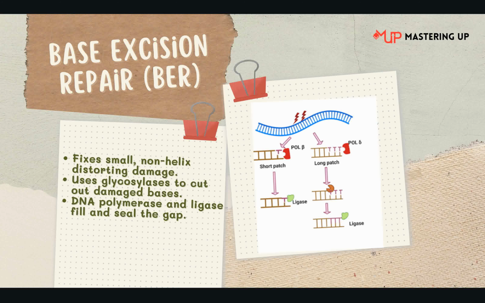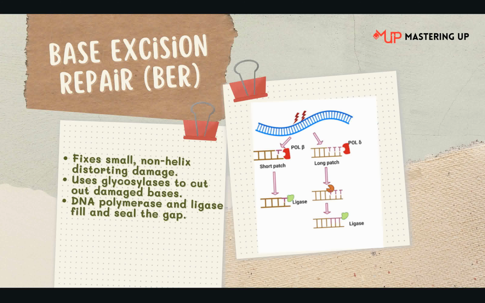Base excision repair, or BER. The first mechanism is base excision repair. BER fixes small, non-helix distorting damage such as the deamination or oxidation of bases. These bases are the nitrogenous bases which we have studied earlier in the structure of DNA.